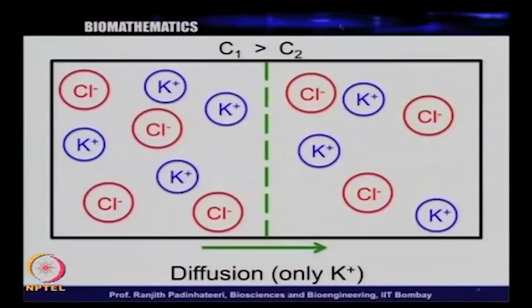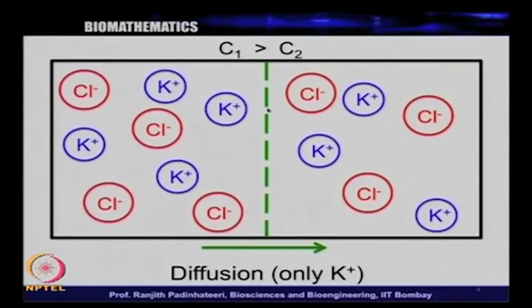Let us have a look at this picture here in the slide. You can see this is KCl, K plus and Cl minus ions, and here also K plus and Cl minus ions. Now, you can see that there are more K plus ions on this side. This is just a pictorial representation, so if you count here, you can see 4 of them here and 3 here, but it does not mean exactly 4.